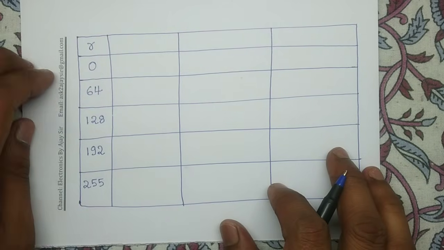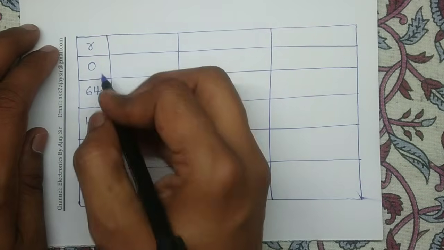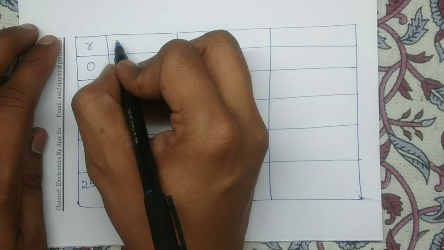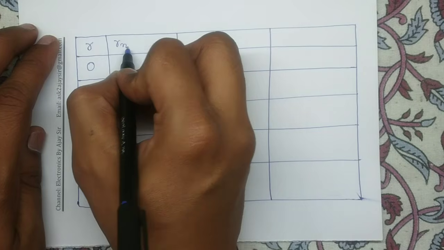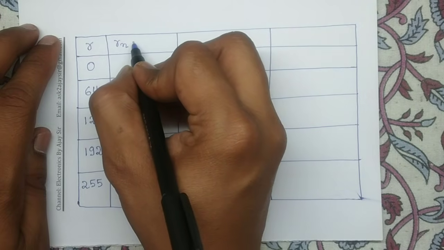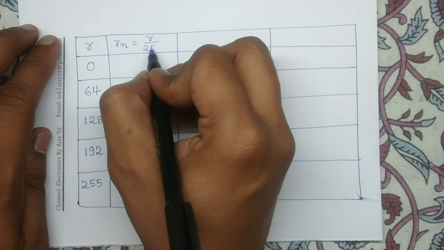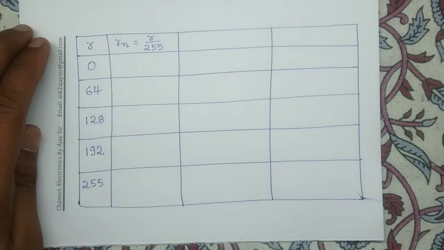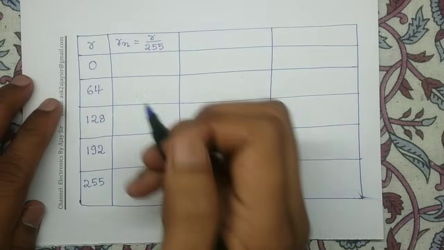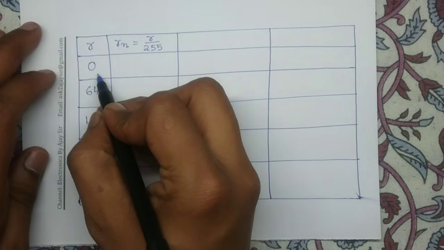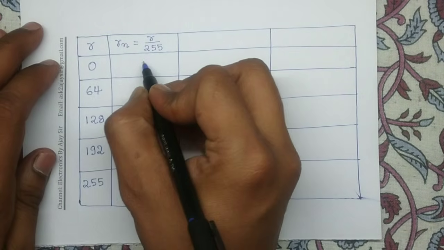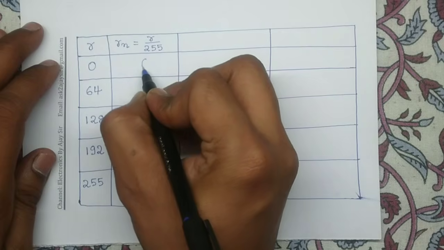Next, we will normalize these values and determine the value of Rn by performing the simple mathematical operation Rn equals R divided by 255. So first we will normalize this intensity value 0. So 0 divided by 255 equals 0.